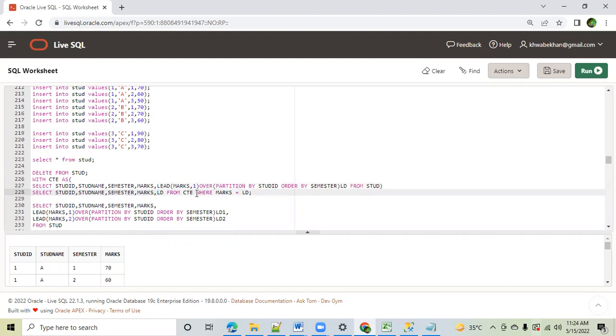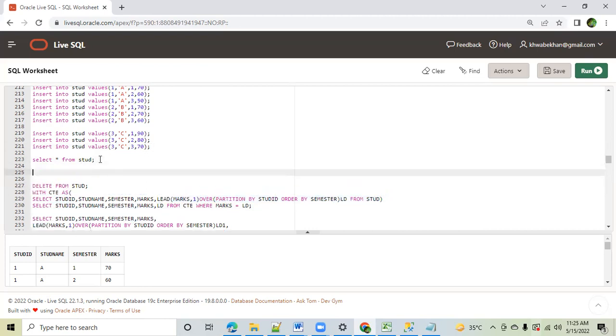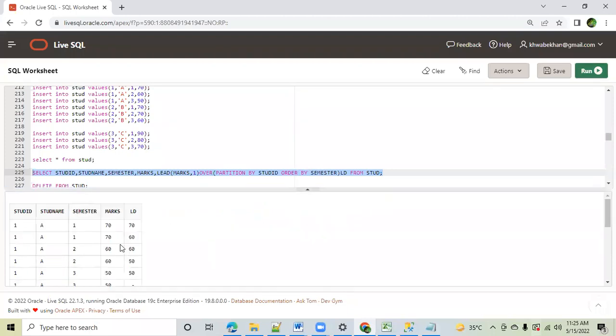I should start from the simple one, and then I will complicate this. First of all, let's take the simple one. I'm going to revise this. This is a query I have written, and this is the output for this query.